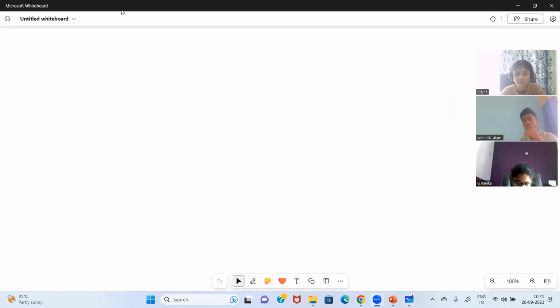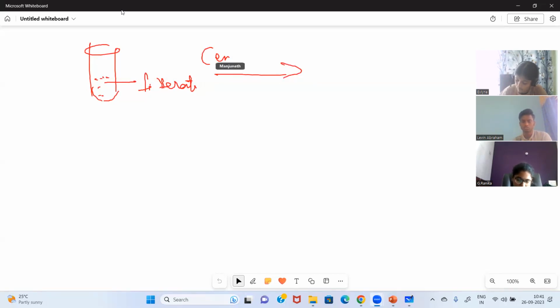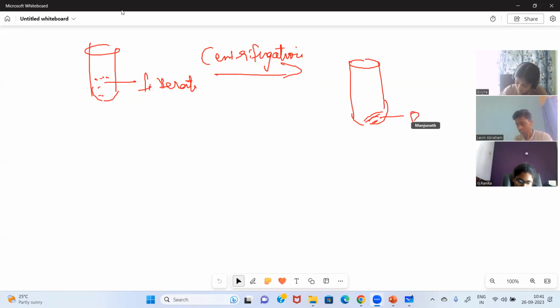So now we have the filtrate in the test tube, and this filtrate is subject to a technique called centrifugation, which works on the centrifugal force. You get two fractions. One is the pellet, another is the supernatant.